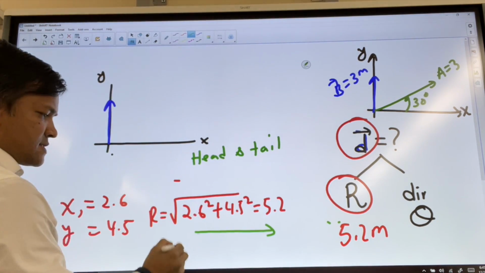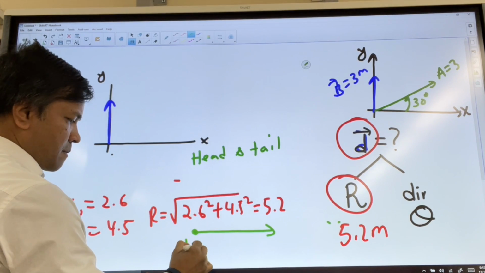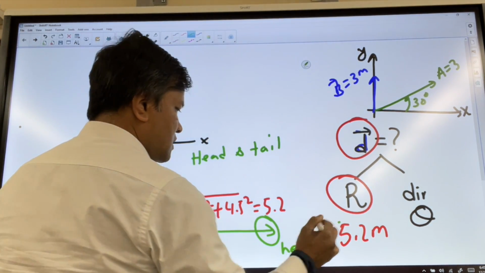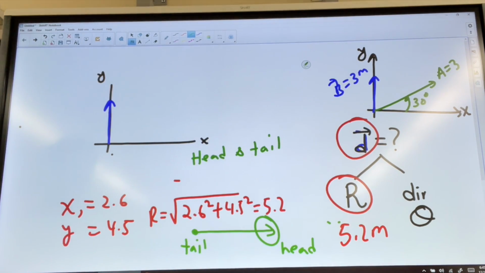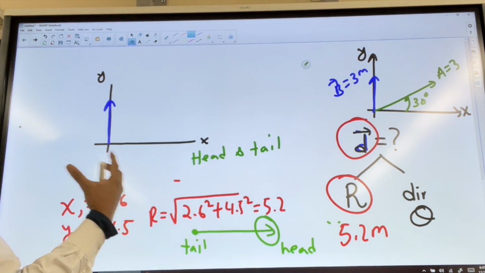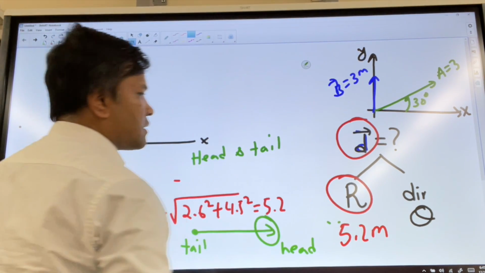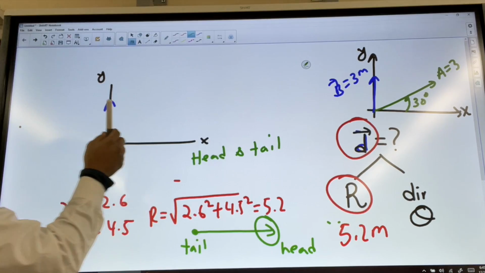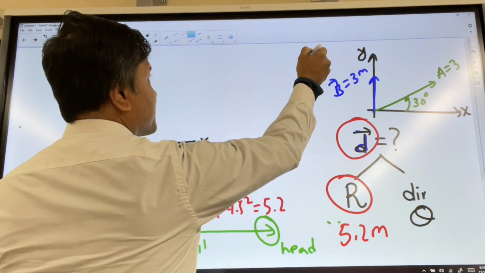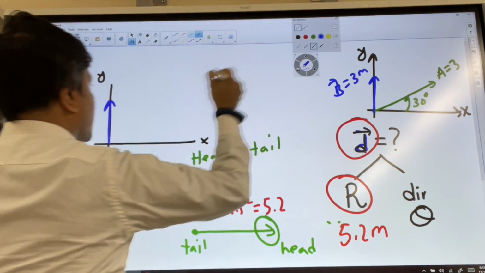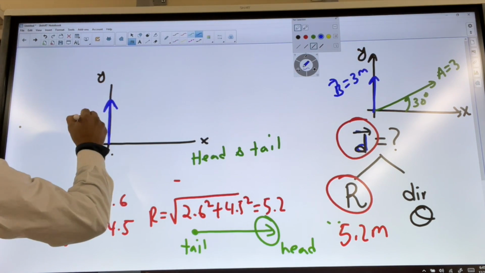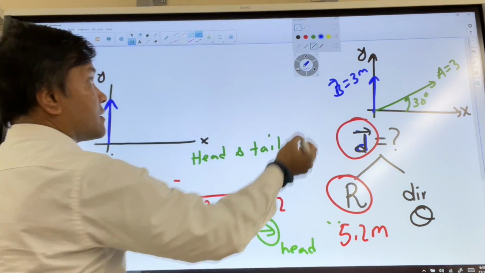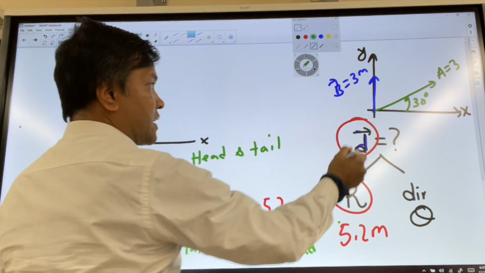So this is a vector. This vector has a tail, and this vector also has a head. So head and tail is going to allow me to show you the angle in a very friendly way. So I have to find the head of vector B. This is the head of vector B. Now I have to find the tail of vector A. The tail of vector A is obvious.